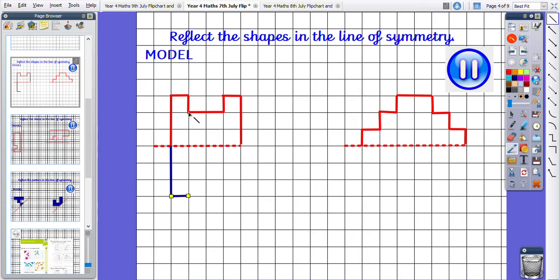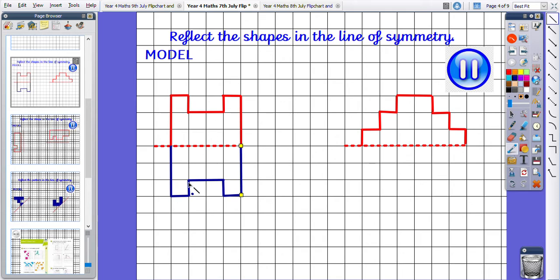And it comes 1 square closer to the line of symmetry. So mine's going to travel 1 square closer to the line of symmetry, and then 2 across, and then 1 square away from the line of symmetry, another square across, and then it's going to travel 1, 2, 3 squares back towards my mirror line, my line of symmetry.